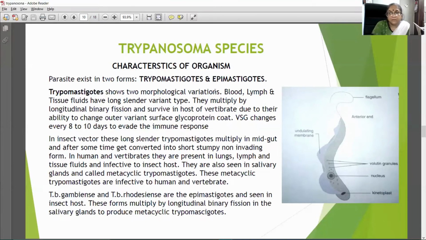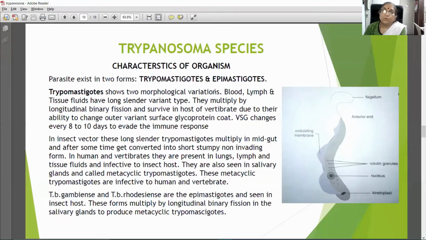What does this mean? That is, when this parasite goes on multiplying, it will change the surface glycoprotein coat by which it is binding to the host.